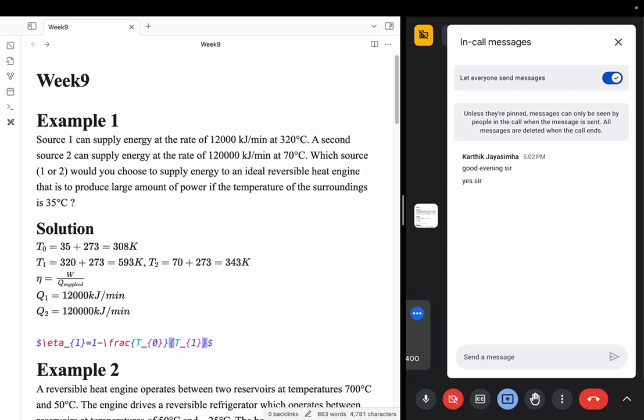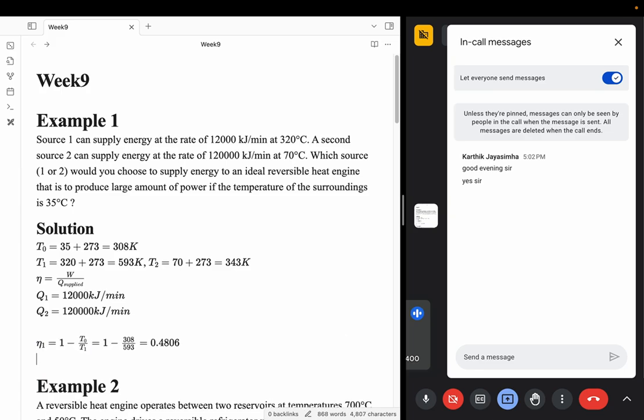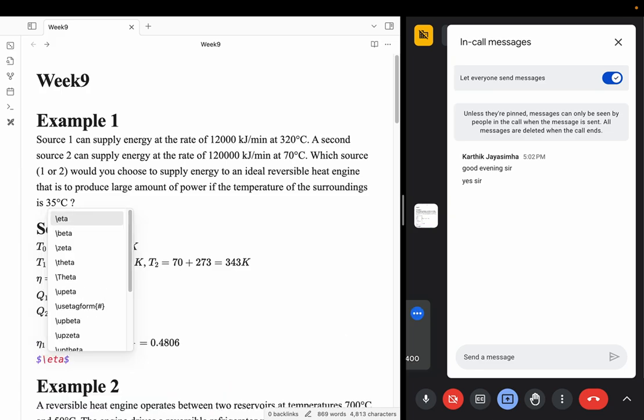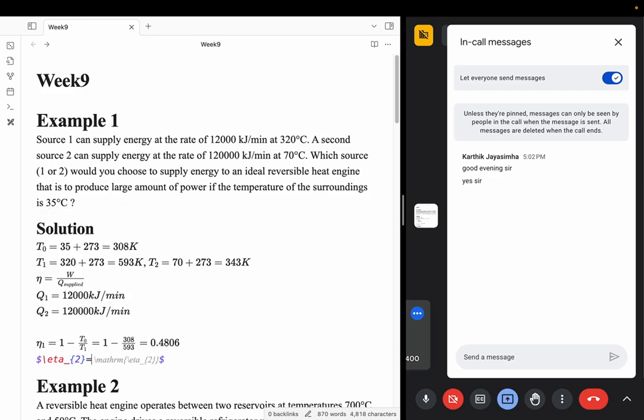In this case, the sink temperature is 35 Celsius, that is 308 Kelvin, divided by the source temperature of 320 Celsius, which in Kelvin is 593 Kelvin. That gives me an efficiency of around 0.4806. Now, if you follow the same process, what will it be for the second case? 1 minus sink temperature.